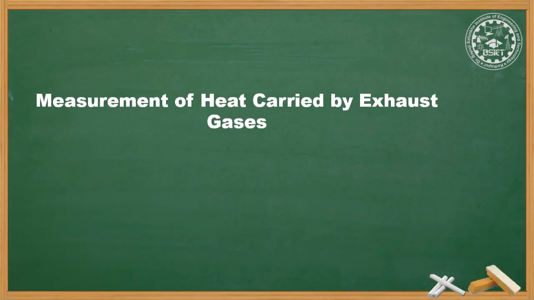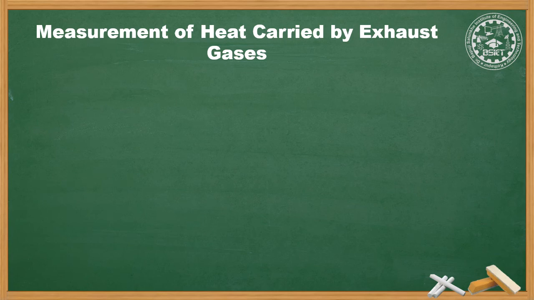The next point is measurement of heat carried by exhaust gases. The exhaust gas is passed through an exhaust gas calorimeter. During this, the inlet temperature of air, atmospheric temperature, and outlet temperature of exhaust gas are measured by thermometer.